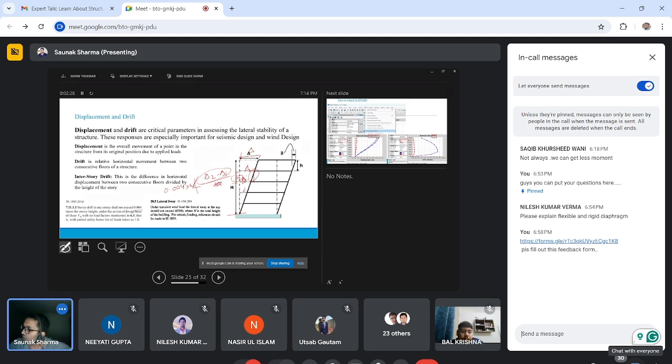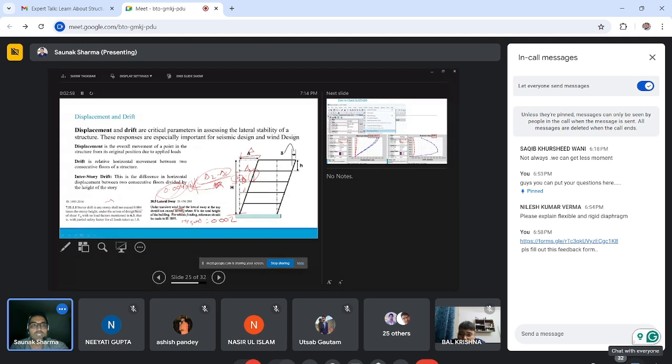As building height is variable, if we keep this ratio, we only need to check with 0.004, so no extra work there. Every floor's drift and displacement should be checked with this limit. For seismic load; for wind load, it is given as H/500, which is 0.002.